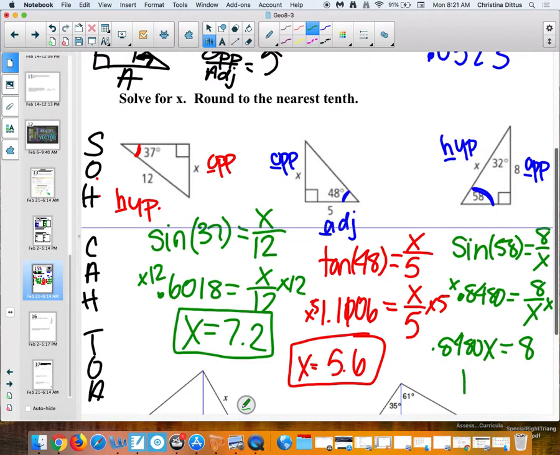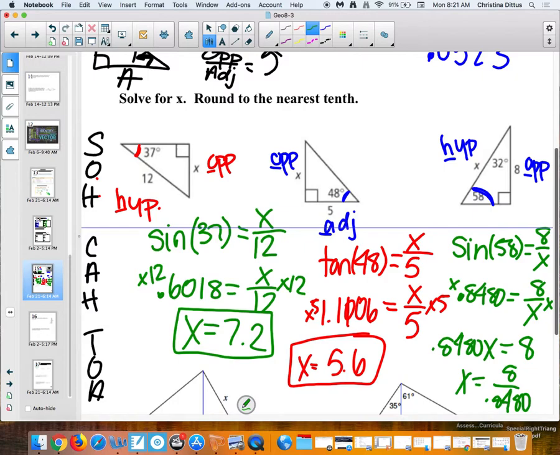Now how do I get x by itself? Divide. So you're going to take 8 over 0.8480. Those of you that like to leave your answer in there like I would, all you gotta do is take 8 divided by your answer. On some of these, it's second negative sign. This one is second negative sign, after you type in that sine of 58.